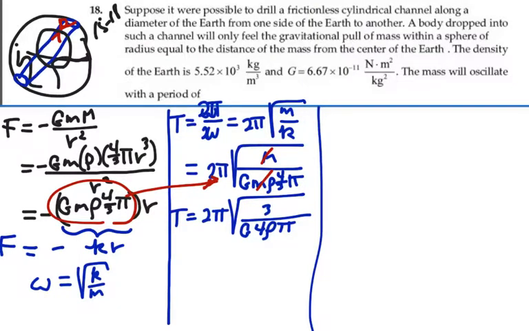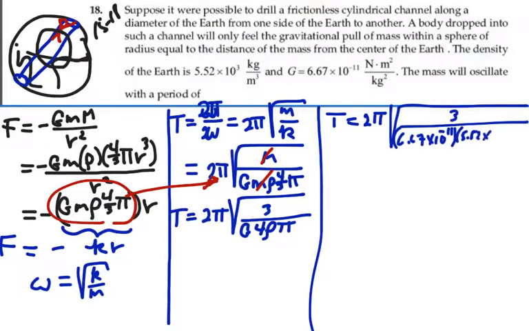Let's start up here. So T is going to equal 2 pi times the square root of 3. G is 6.67 times 10 to the minus 11. Rho is 5.52 times 10 to the 3. And we have 4, and we have pi. So let's calculate what that is. I get 5,059.4 seconds.